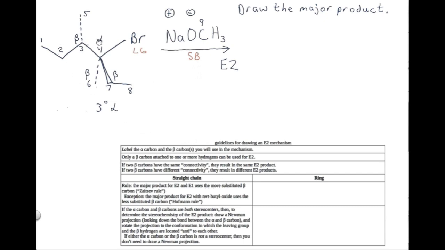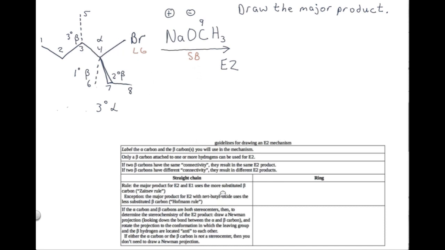Well, let's see here. Carbon 6 is a primary beta carbon attached to one carbon chain, carbon 4. Carbon 7 is a secondary beta carbon because it's attached to two carbon chains, carbon 4 and 8. And carbon 3 is a tertiary beta carbon because it's attached to three carbon chains, carbon 5, carbon 2, and carbon 4.